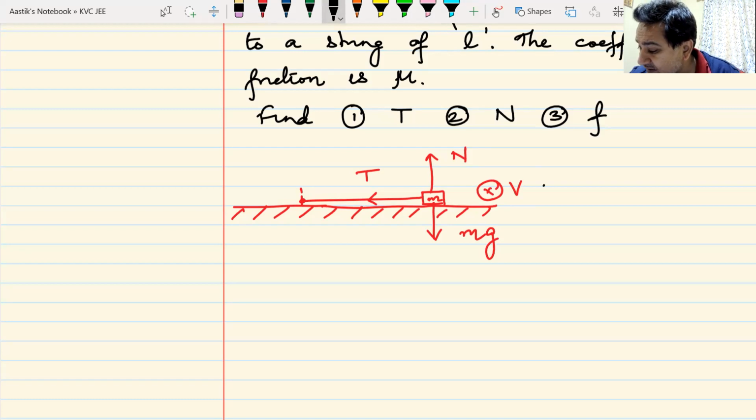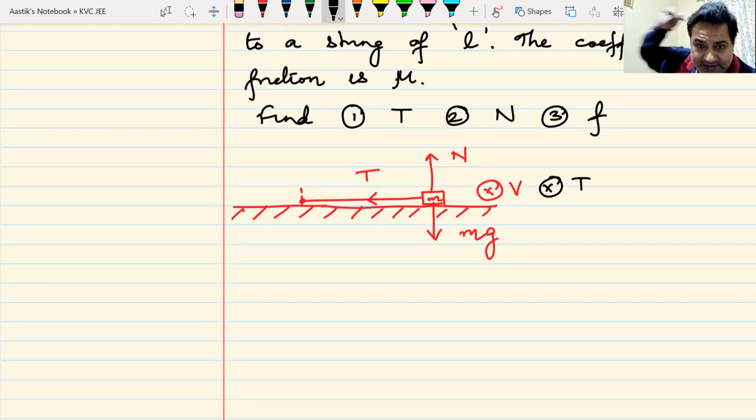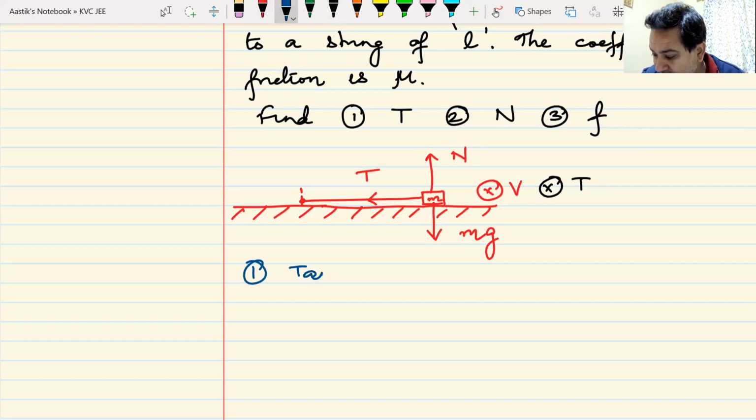The first direction is the tangential direction, and tangential direction will be inside. Now in this tangential direction, will there be any force? What will be the force in the tangential direction?